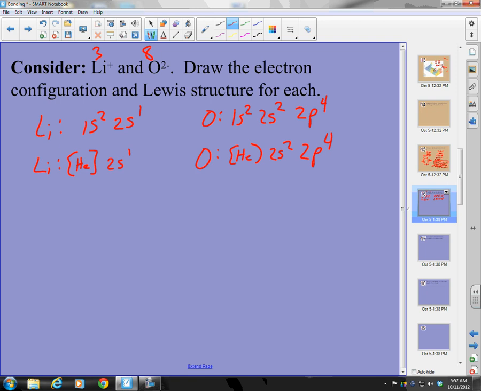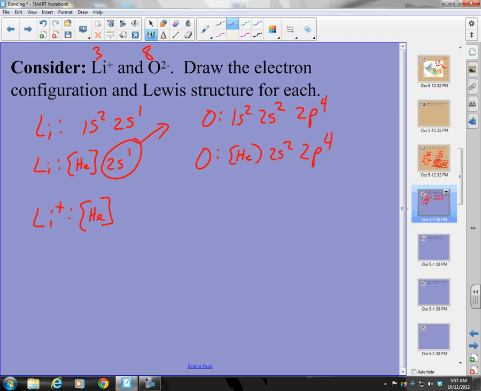Good. So now let's look at lithium plus. What happens for the plus? That means I have lost an electron. Which electron is lost? How about the one in the 2s? So what am I left with when it becomes lithium plus? It becomes a helium electron configuration.